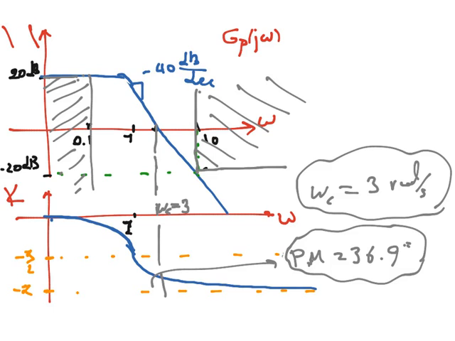Alright, so for this system at the cutoff frequency omega equal to 3, we can determine the value of the phase margin. It's equal to 36.9 degrees, which is already a satisfactory value. The cutoff frequency is 3 radian per second, which is again a satisfactory value according to the requirements.